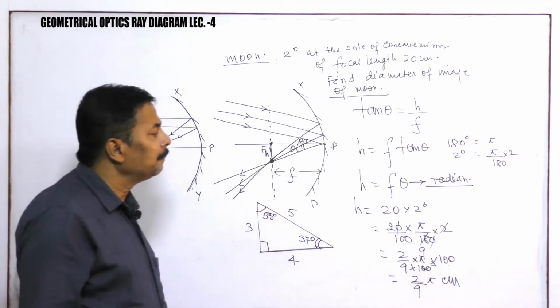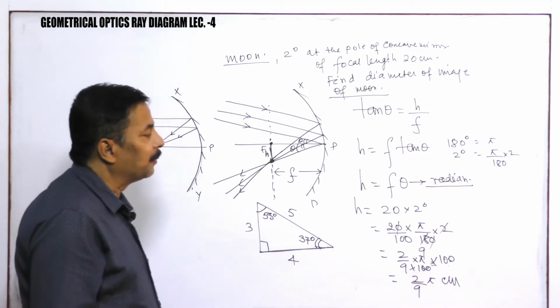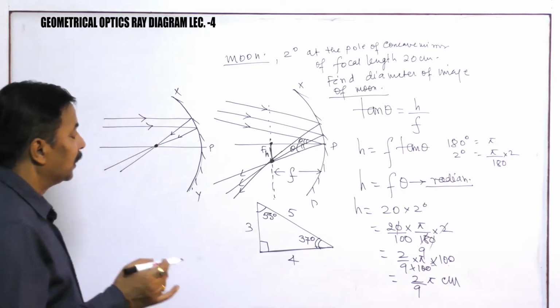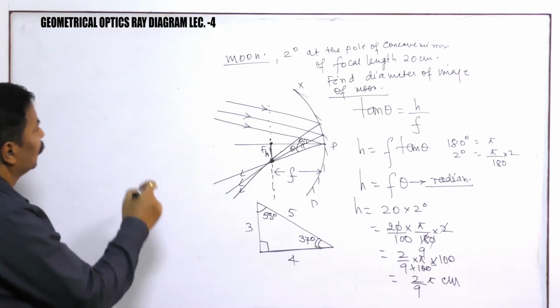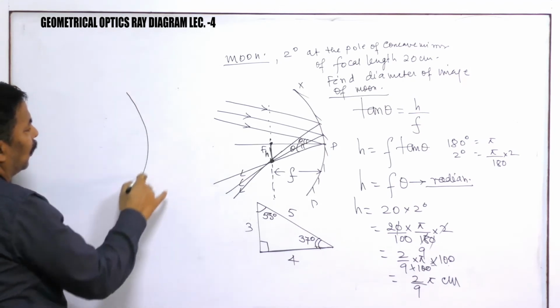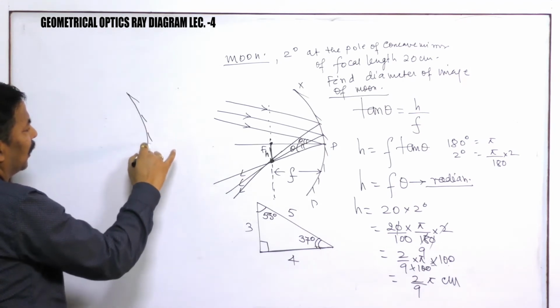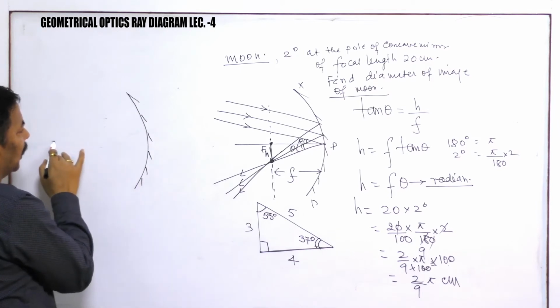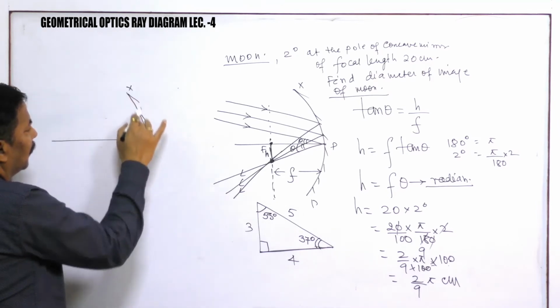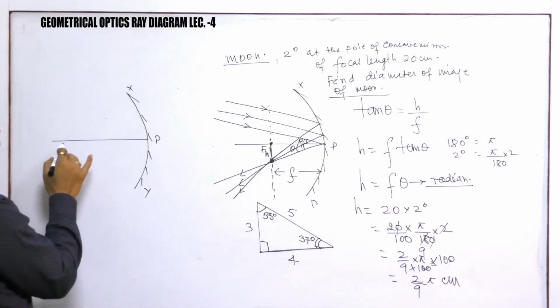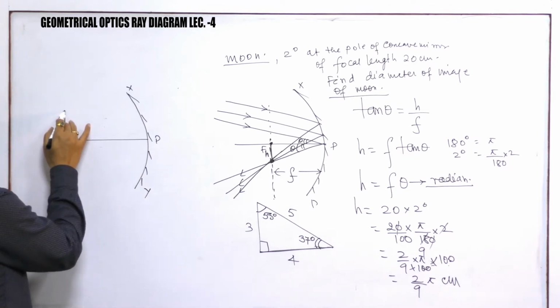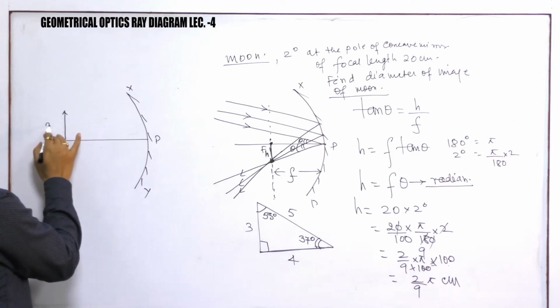For example, I can give one example on this one, the same question. Here you see, suppose the concave mirror is there. Again, a similar example I am taking. Here it is 3 centimeter.